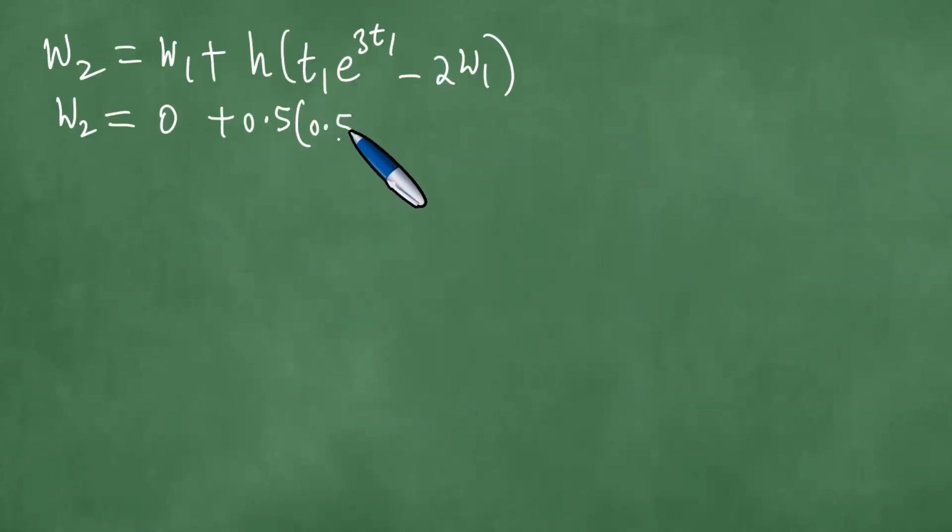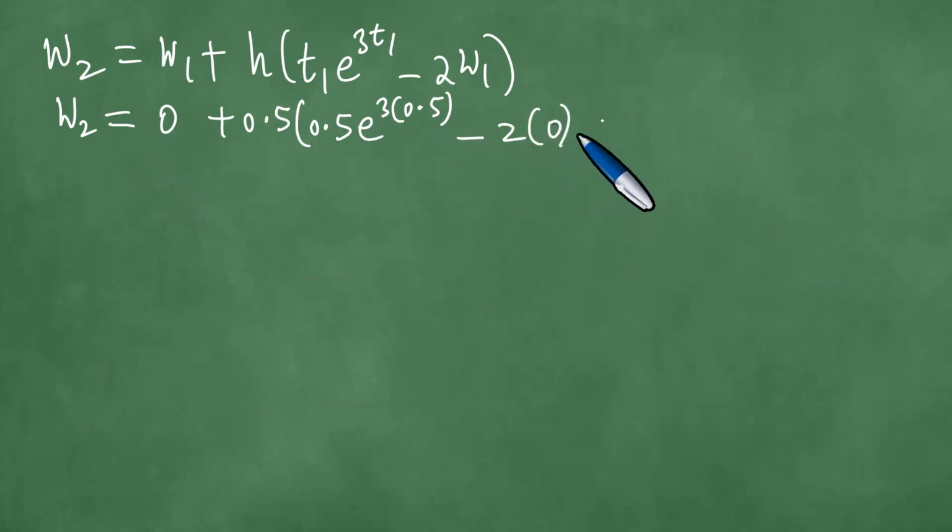So T1 is 0.5, e to the 3 times 0.5, minus 2 times W1, which is 0.